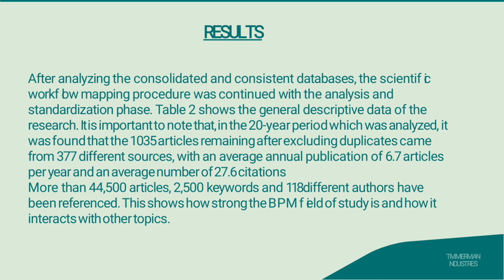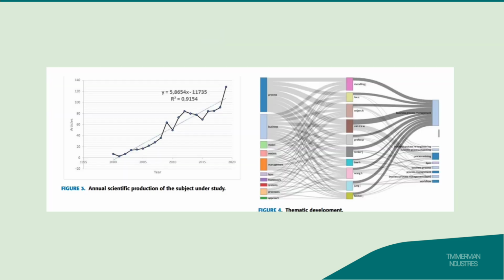More than 44,500 articles, 2,500 keywords, and 118 different authors have been referenced. This shows how strong the BPM field of study is and how it interacts with other topics.